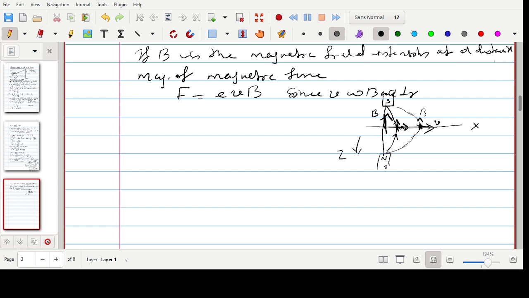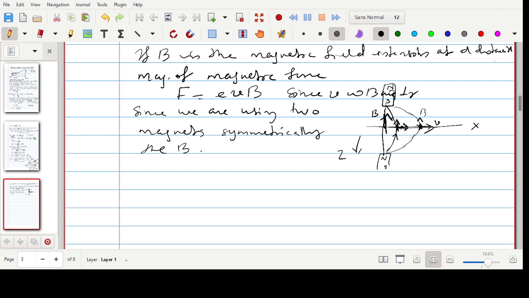Since you are keeping two magnets symmetrically on both sides, the directions of B and V are always perpendicular along the path.